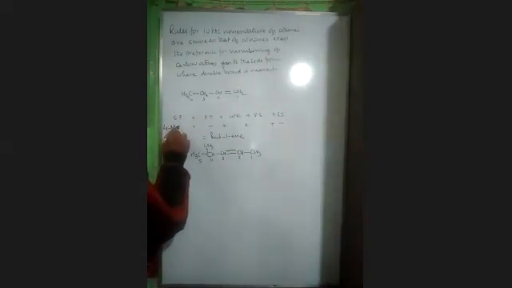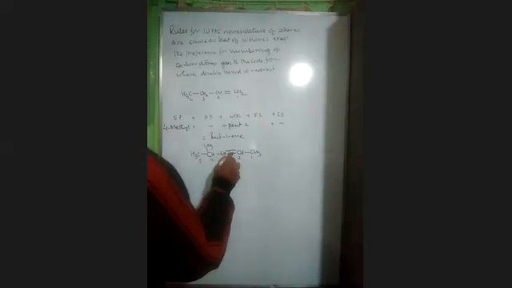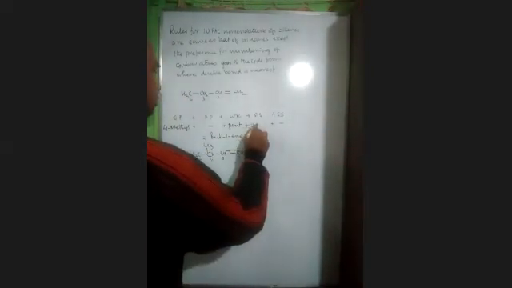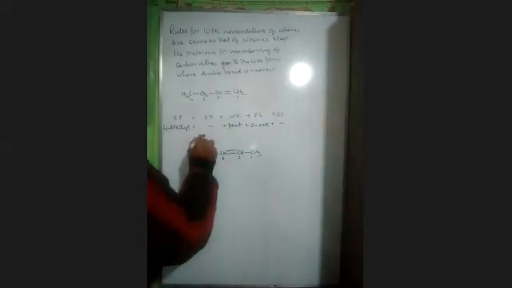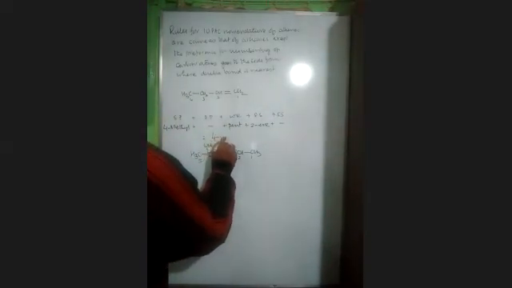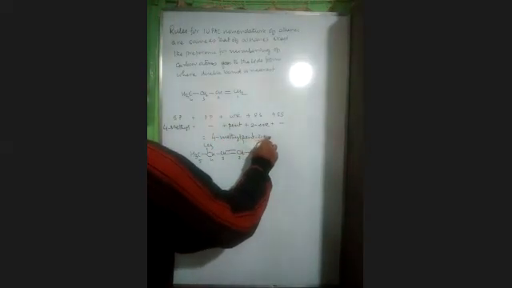It is 4-methyl, pent, then 2-ene. So the name is 4-methylpent-2-ene.